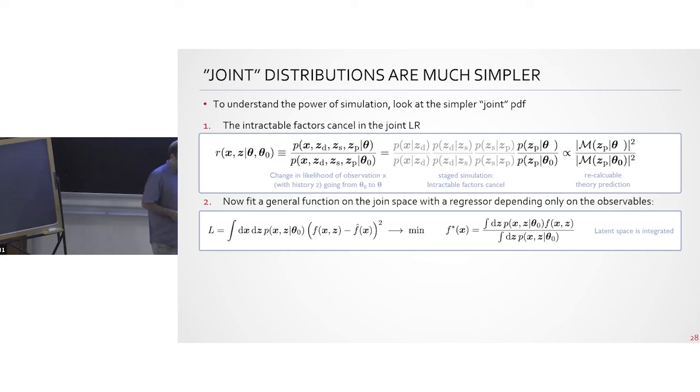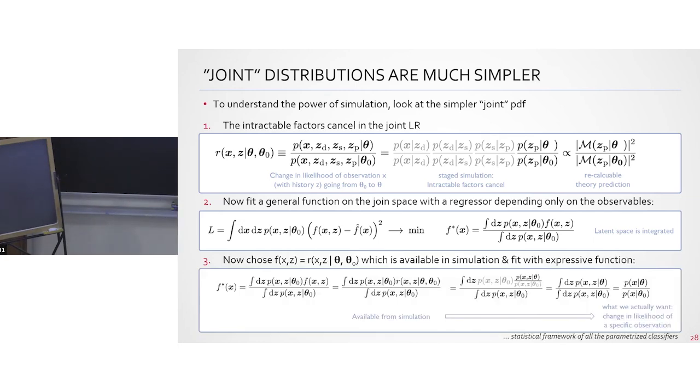One sort of digests this, because I have not told you what the f could be, but now let's take this solution and use as the function f the joint likelihood ratio depending on x and c that we defined above.